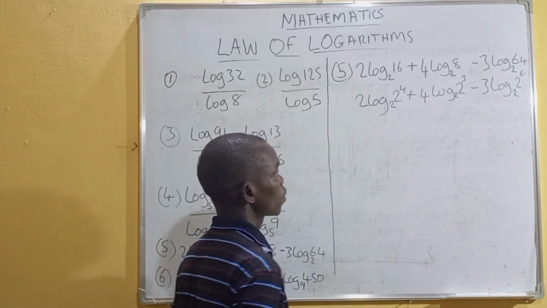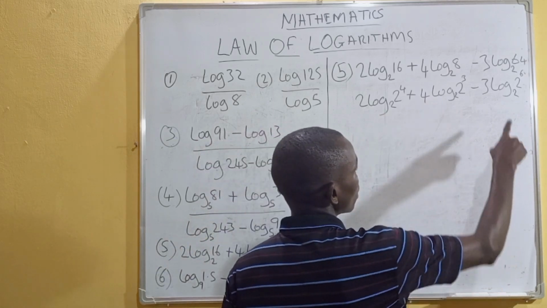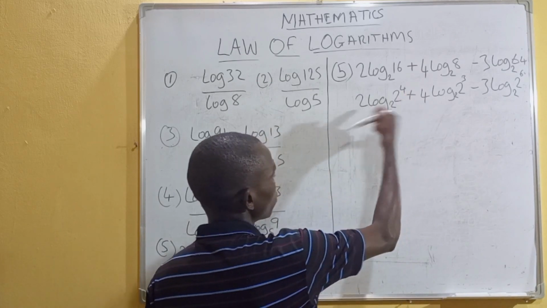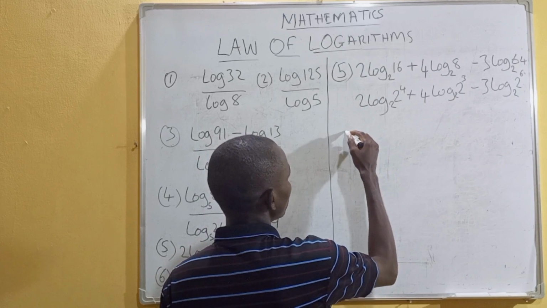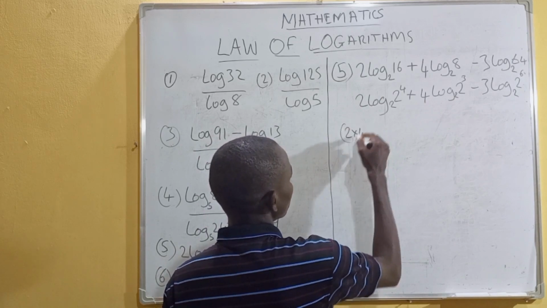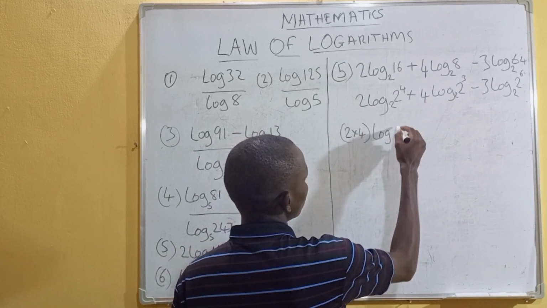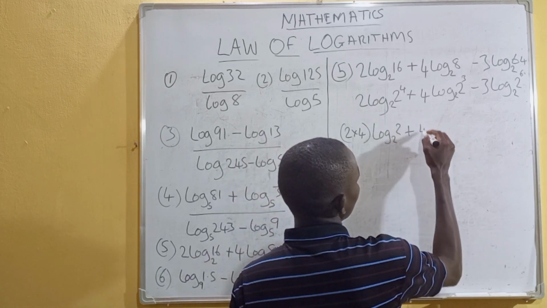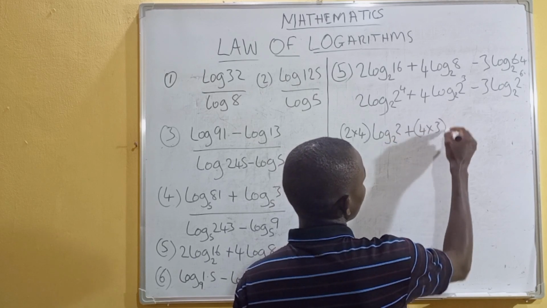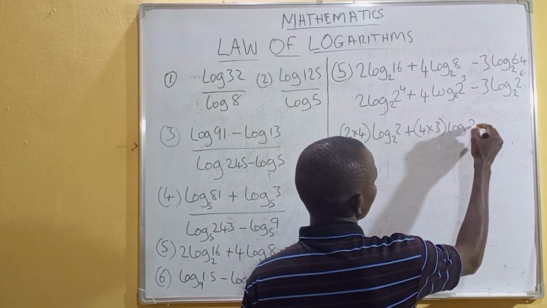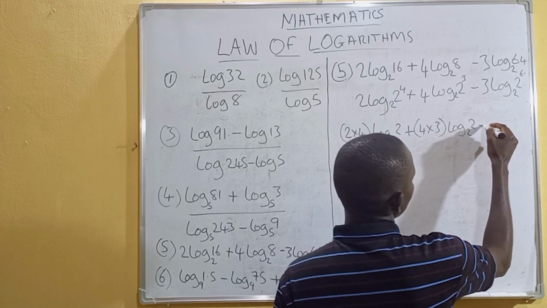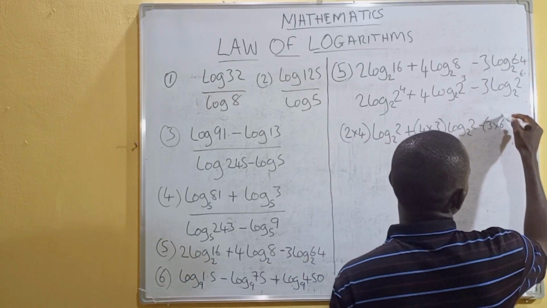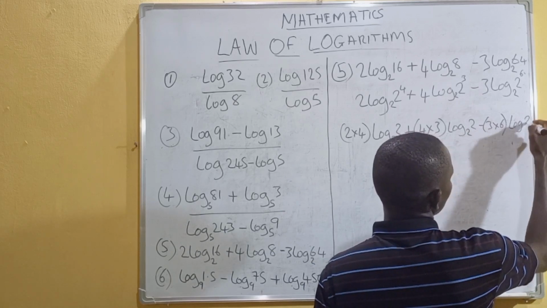So this is a power law, this is a power law, and this is a power law. And for a power law, we use the power to multiply the logarithm. So it will be 2 times 4 log of 2 with a base 2 plus 4 times 3 log of 2 with a base 2 minus 3 times the power, which is 6, log of 2 with a base 2.